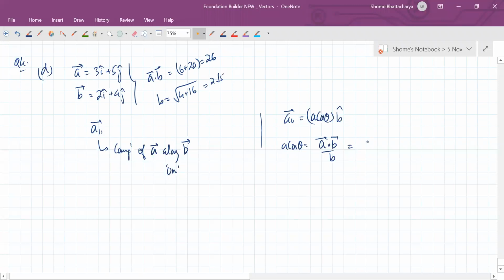So this is 26 upon 2 root 5, 13 by root 5, and B cap.